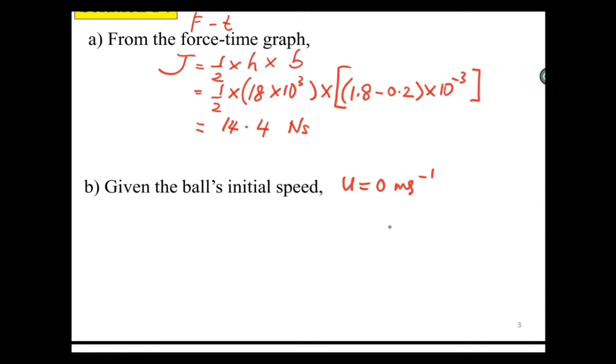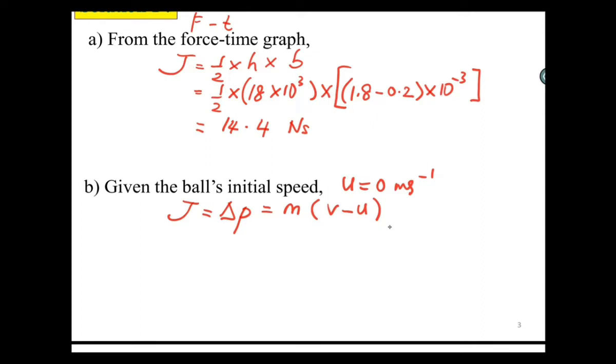So velocity dia berapa? Impulse is equal to delta P is equal to mass times dengan V minus U. So delta P is the change of momentum. So momentum is equal to mv lah. Kalau dia kata change, perubahan momentum, halaju final minus dengan halaju initial.